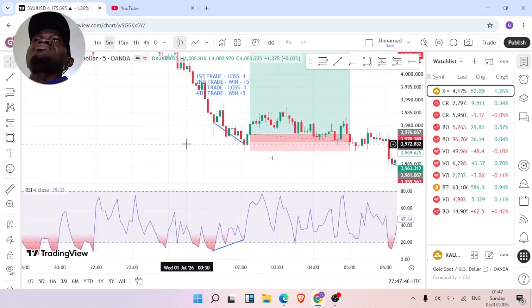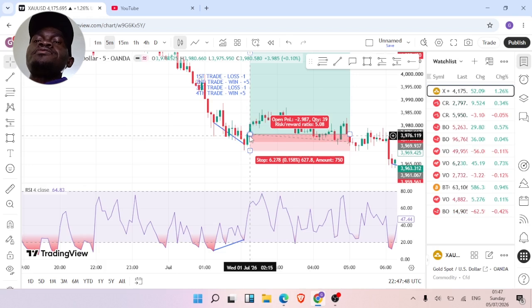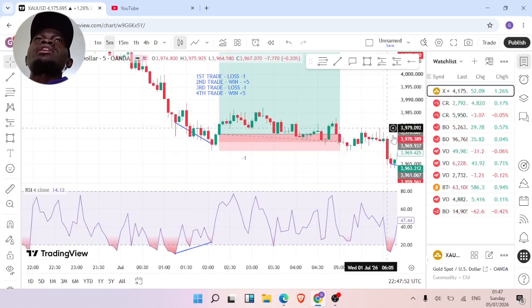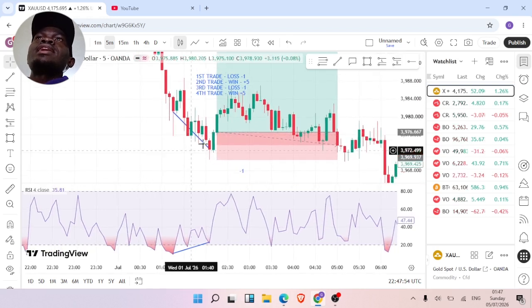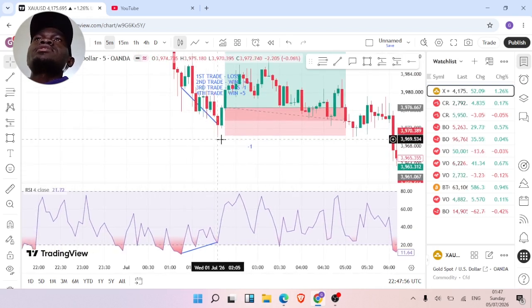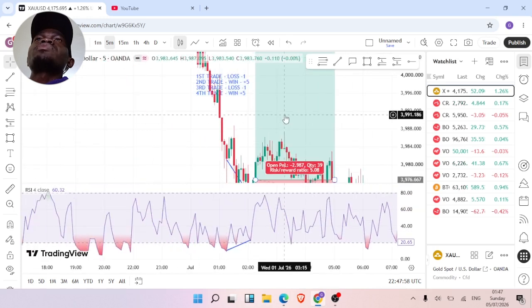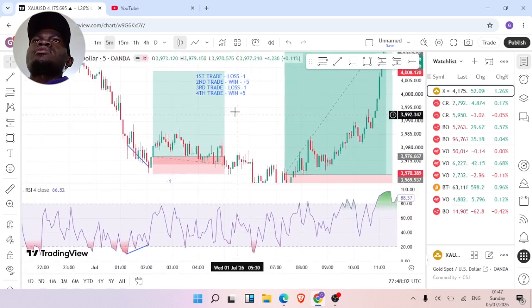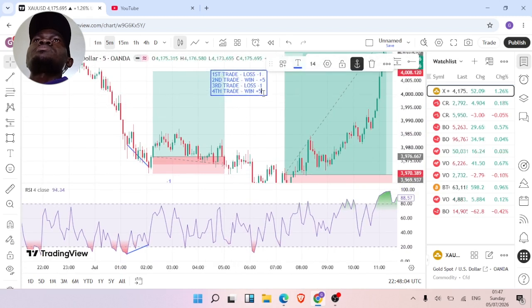And here is where we have an engulfing candle, and this engulfing candle frames our entry, stop loss below, and giving us 5R, but you can see this one gives us a stop loss, and that becomes the fifth trade. This becomes a loss and -1.